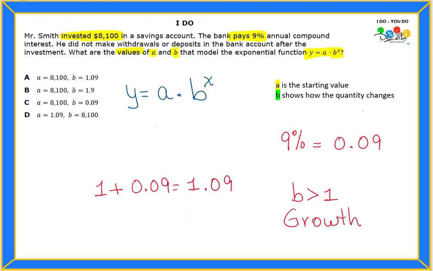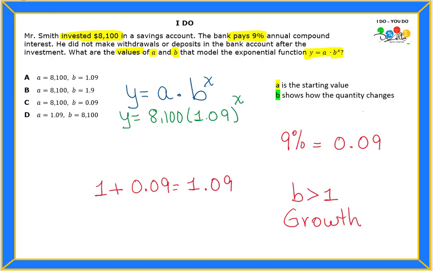Okay, so let's go back and write down my numbers. So A is going to be how much do I start with? And he actually invested 8,100. B, we now know that is 1.09. And X is still there, right?